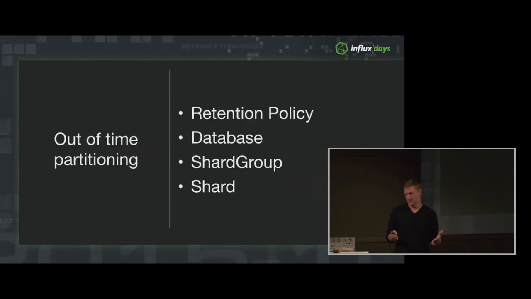Those directories store the time series data, and each of those directories covers a specific range of time, right? So when I say that it's time partitioned, I mean it's basically the database self-shards itself on this axis of time. And it does that based upon the retention and database combinations that you specify and on the shard group durations that you specify.